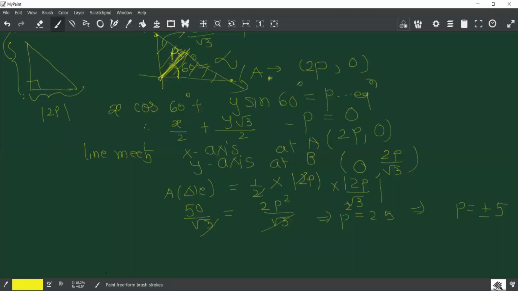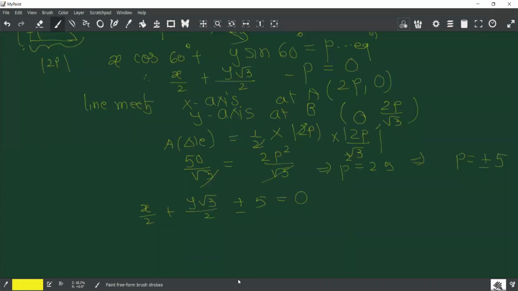So your required answer is x upon 2 plus y root 3 upon 2 minus of plus or minus 5 is equal to 0. So multiplying throughout by 2, your required answer will be x plus root 3y plus or minus 10 is equal to 0.